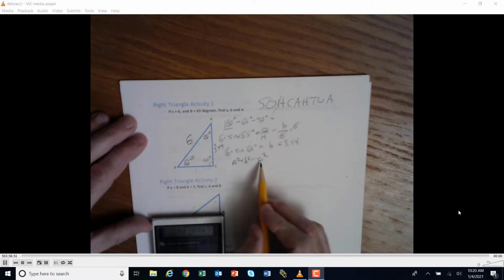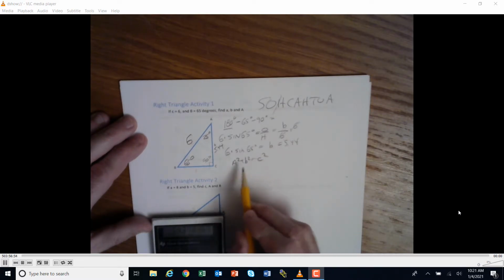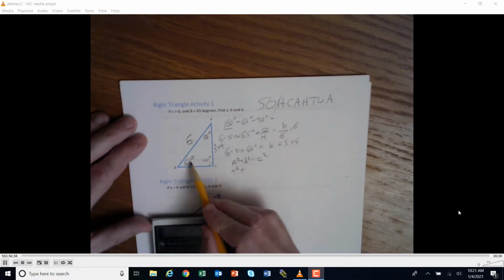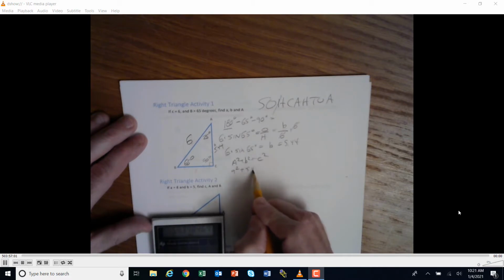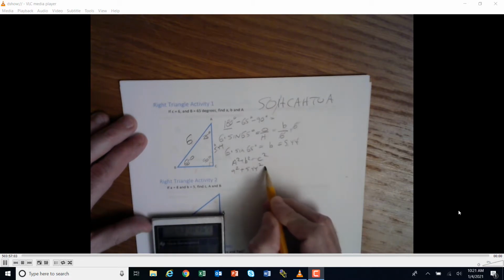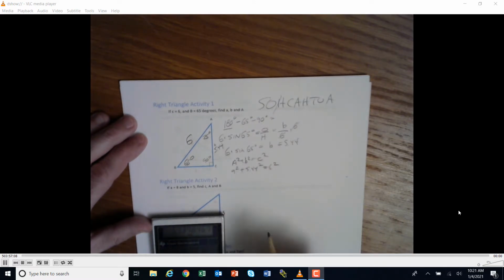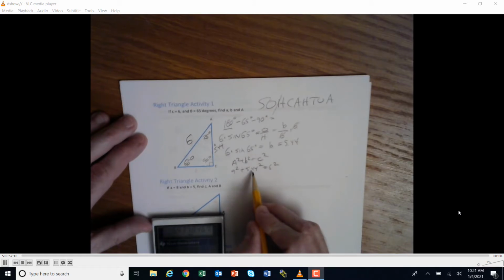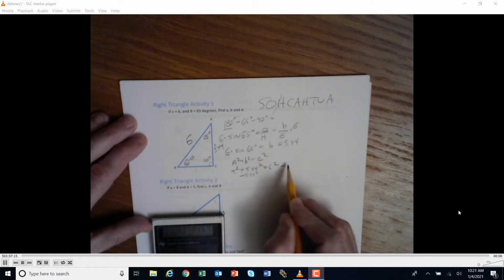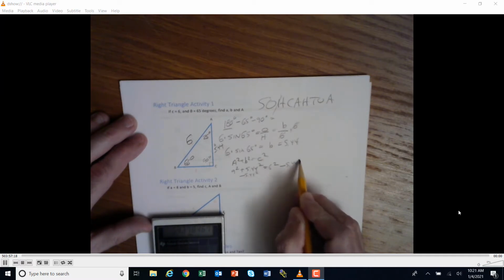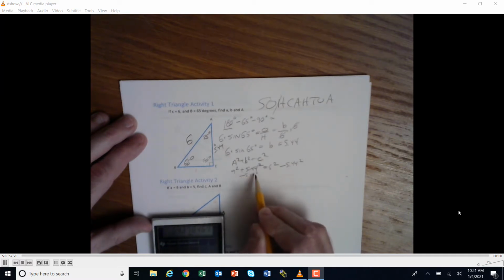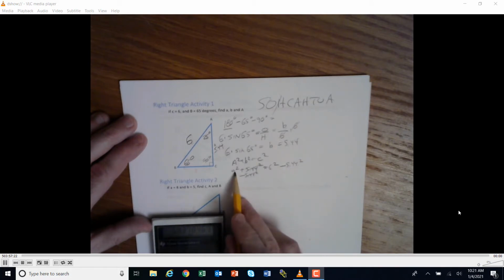So I've got a squared, that's what I'm trying to find, plus b squared, which is 5.44 squared, equals c squared, which is the hypotenuse, 6 squared. Okay? So what I need to do is subtract 5.44 squared from each side. It's plus and minus, so these cancel out. Now I've got a squared equal to 6 squared minus 5.44 squared.